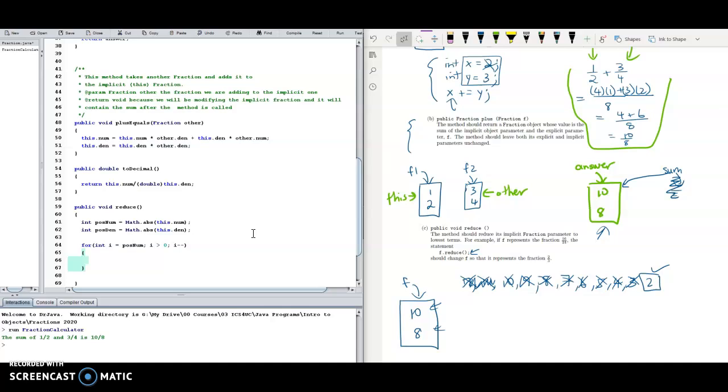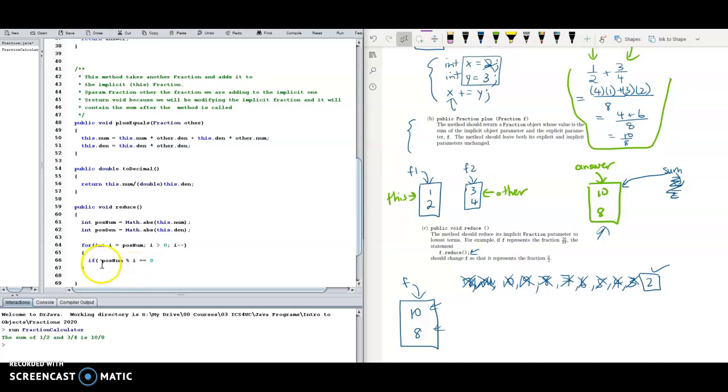Open that up. Now, inside, what did we do each time? So in this case, we're checking 10 first. i is going to be 10. So, we write an if statement, and we say if we want to check if the numerator is divisible by i, so we can say if pos num mod i equals 0.